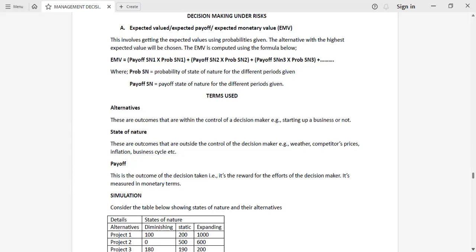And those profits are what we are going to call payoffs, because that's the reward from the alternative you have taken. In other words, that will show your efforts in the alternative, what you aimed at when you decided on the alternative that you selected.